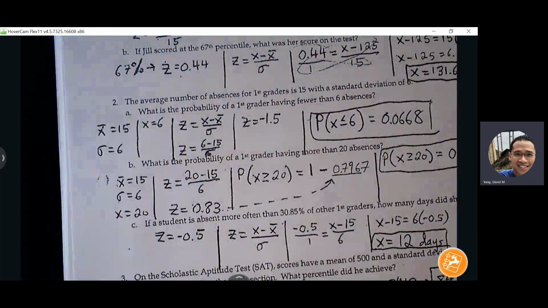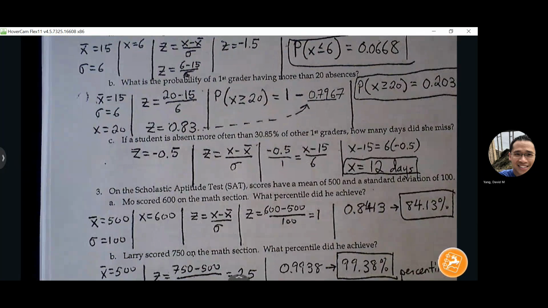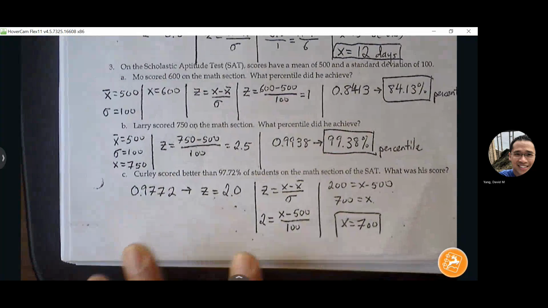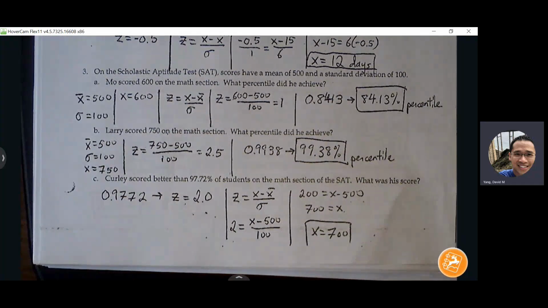Okay, let's see if we can get through both pages here. We'll try to get through both page 23 and 24. All right, if you're good with 2, go to 3.